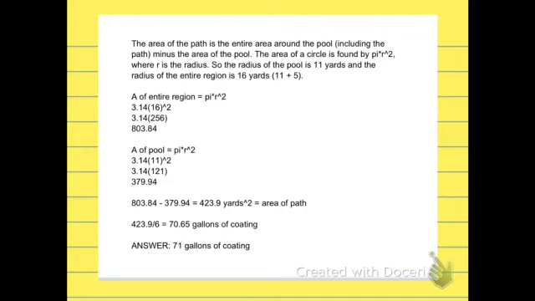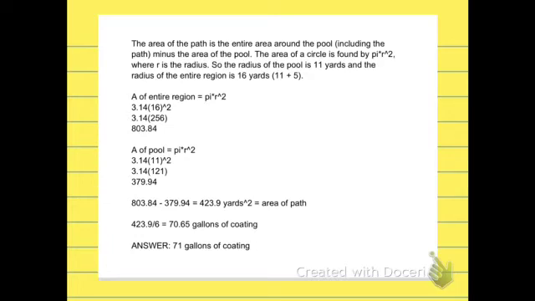Then 3.14 times 11 squared, which is 3.14 times 121, equals 379.94. Now you have the two answers, so you subtract them to get 423.9 square yards, which is the area of the path.